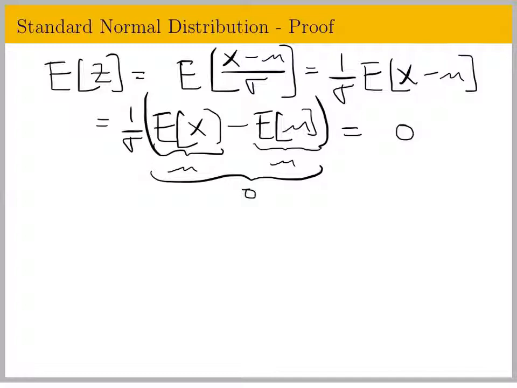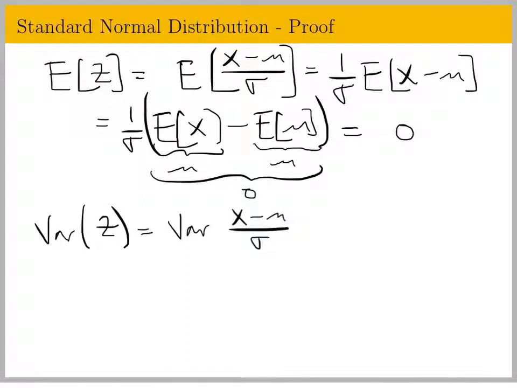Now let's compute the variance of this. So the variance of Z, well, that's equal to the variance of (X minus mu) all over sigma. Using our properties of variance and knowing that sigma is just a constant, we know that we must square all constants as we pull them out.